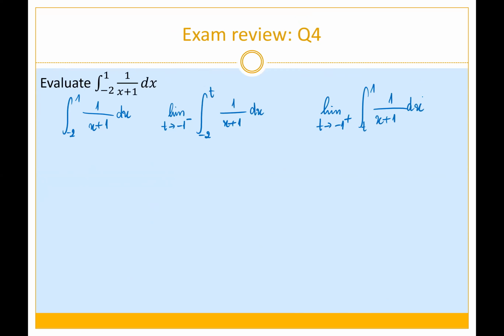Now let's check each of them individually. So you have the limit as t approaches -1 from the left of the integral from -2 to t of 1 over x plus 1 dx.